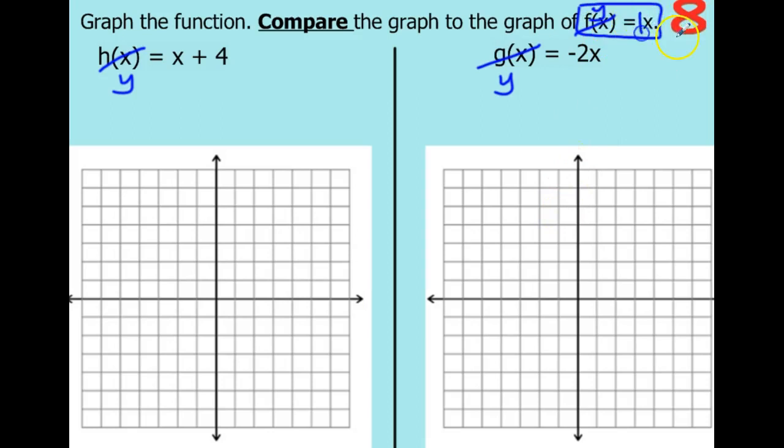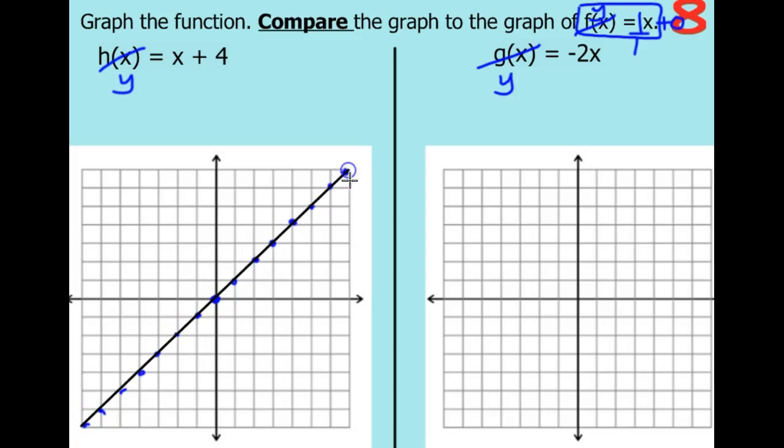So we're going to graph our parent function. This is 1x really plus 0 on both. Beginning at 0, and our slope is 1 over 1. Rise 1, run 1. Or down 1, 1 to the left. Again, this is our parent function.